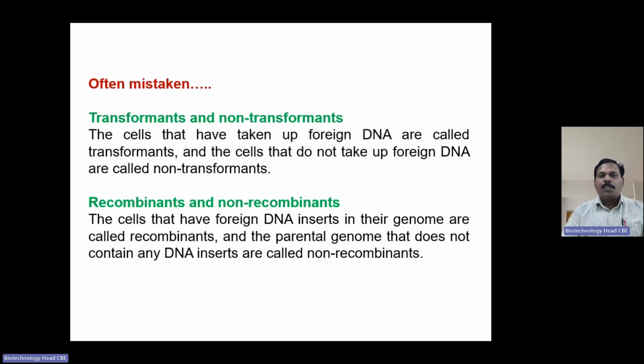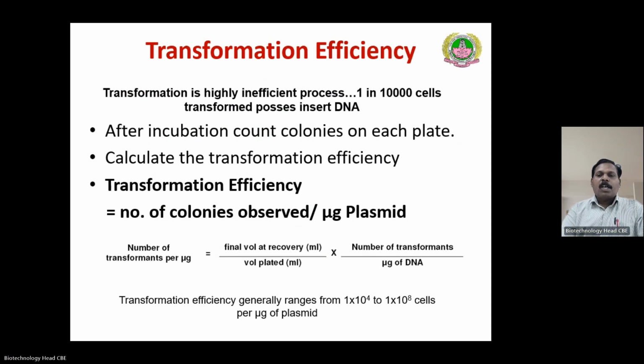Whereas a parental genome which does not contain the insert DNA is referred to as non-recombinant, meaning that only a self-ligated vector without an insert DNA has been mobilized into the host cell. So for easy understanding, transformation is with respect to the cells, and recombinants is with respect to the vector systems, in this case plasmids. If they do not possess the insert, then we say that they are non-recombinants.